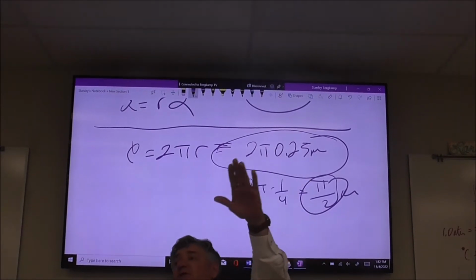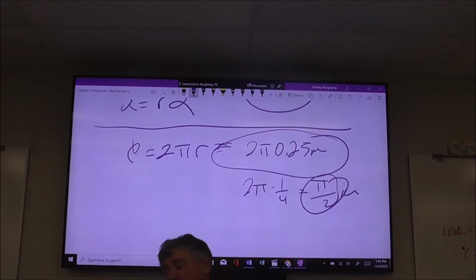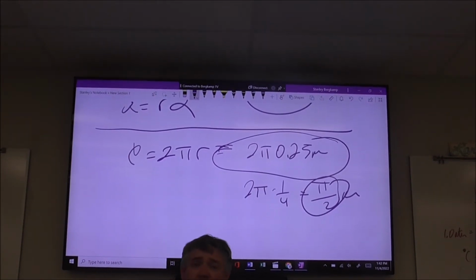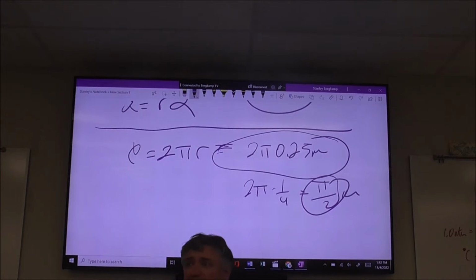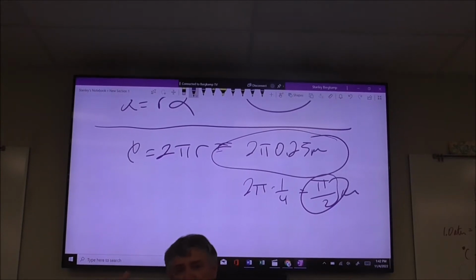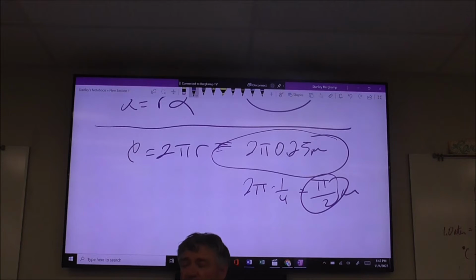Legitimately, we are. Try and measure pi over 2 on a meter stick. It ain't gonna happen. So when you do these, you have to get beyond leaving it in terms of pi, because we're going to measure it as a decimal.